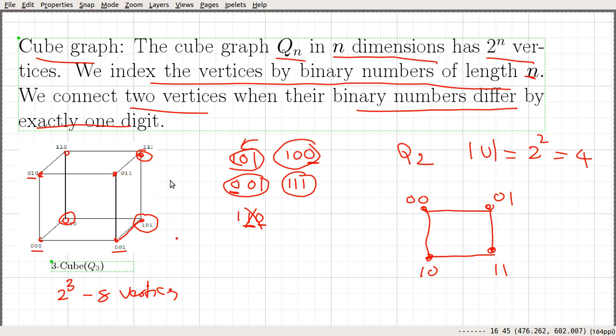So here again, if you count the number of edges, let's consider Q2. The number of edges is 1, 2, 3, 4. And here for Q3 the number of edges will be 1, 2, 3, 4, 5, 6, 7, 8, 9, 10, 11, 12.